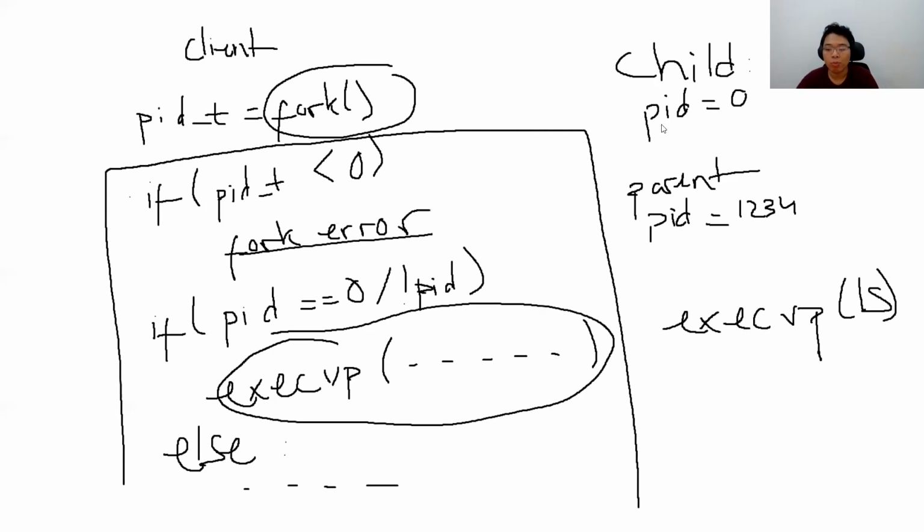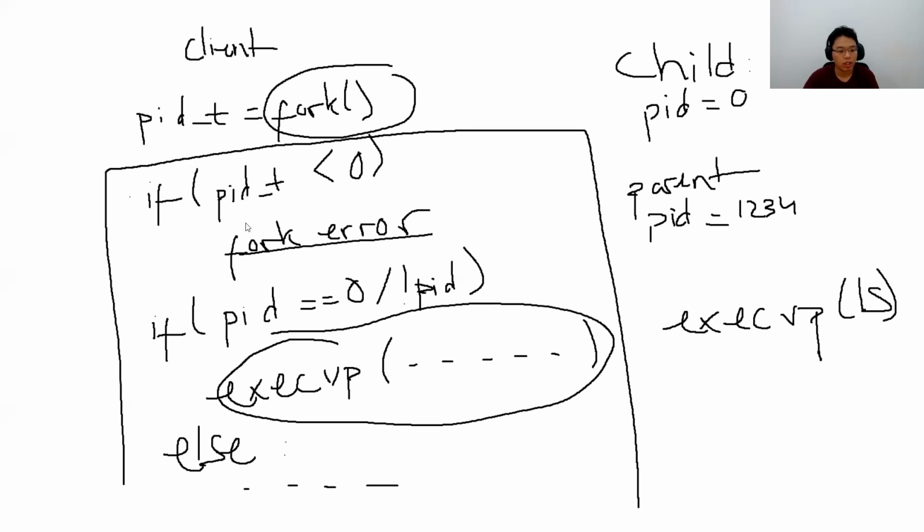The way the process knows if it's a child or a parent is by the return value created by fork, because fork will return two PIDs. If the PID returns 0, that means it's a child. And if it's the parent, then it will return the PID of the child, which is some value greater than 0, basically.